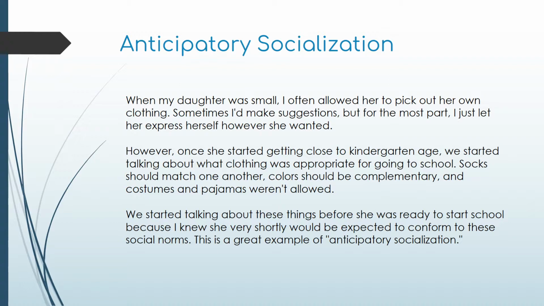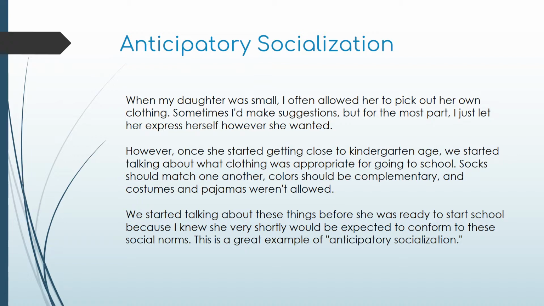When my daughter was small, I often allowed her to pick out her own clothing. Sometimes I'd make suggestions, but for the most part, I just let her express herself however she wanted. However, once she started getting close to kindergarten age, we started talking about what clothing would be appropriate for going to school. Socks should match one another. Colors should be complementary.